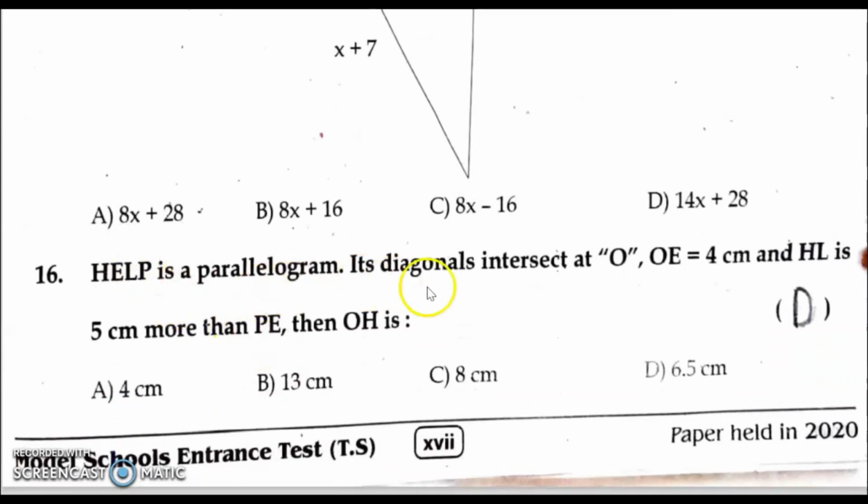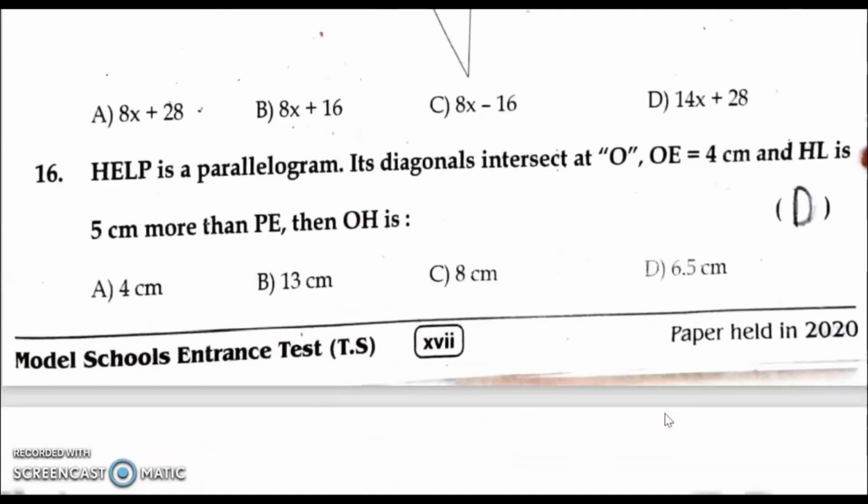HELP is a parallelogram. Its diagonals intersect at O. OE and HL is 5 more than PE. Then OH is 6.5 cm.